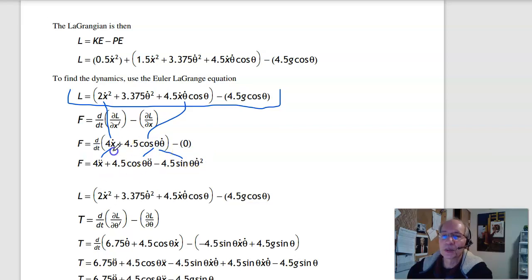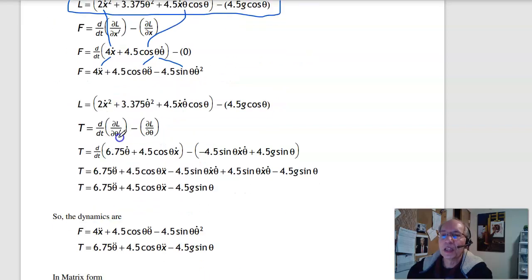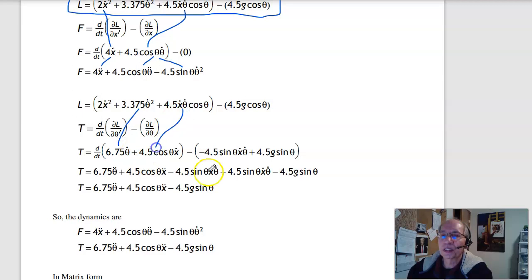So there's one equation. The second one, starting with the Lagrangian, the torque on the beam is the full derivative of the partial with respect to theta dot minus the partial with respect to theta. Partial with respect to theta dot gives you this term and that term. Partial with respect to theta, nothing, nothing.